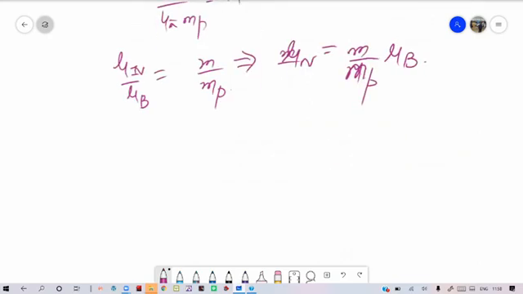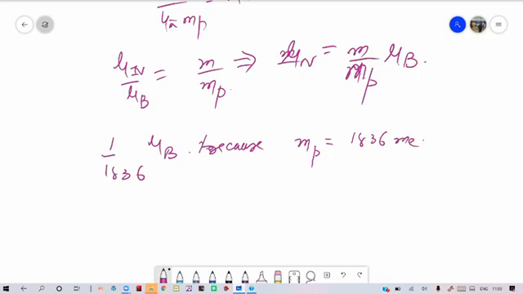Also, this mu_n is 1 by 1836 times mu_B. That is because m_p is 1836 times m_e, the mass of the electron. These are just the facts about the nuclear, this electron and proton.